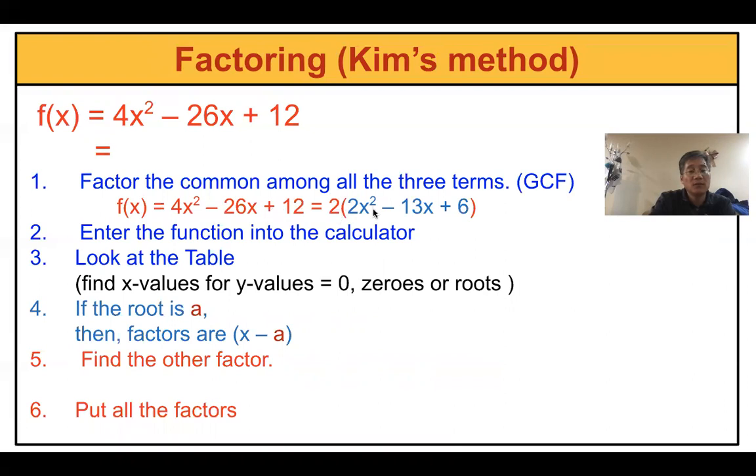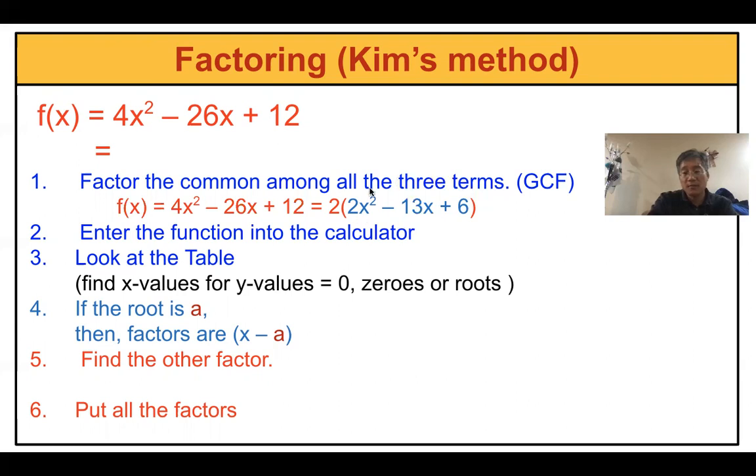Then 2 times 2x squared becomes 4x squared. 2 times negative 13x becomes negative 26x. 2 times 6 is 12. It's equivalent, right? Now you have a 2 as a factor. Now there's another one, but this is still a quadratic equation, so you should factor this.